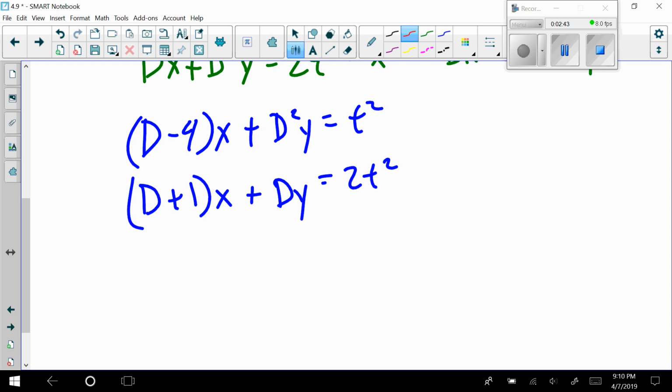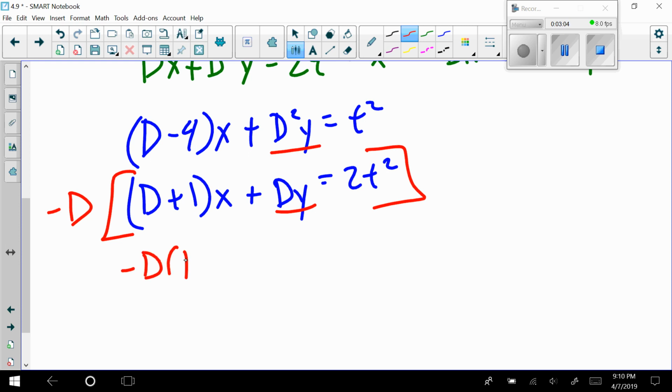That one looks a little harder, honestly, because I see that these terms are really close. All that I'd have to do is multiply this down here by a D, and I'd have D squared, right? Don't forget, though, I want it to be opposite, so a negative D would be most optimal. So what would that do to my equation here? Well, let's just write it like this, right?